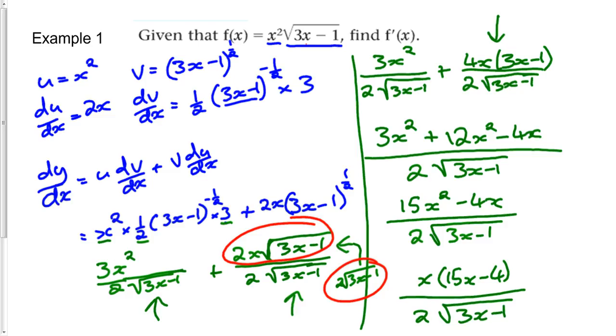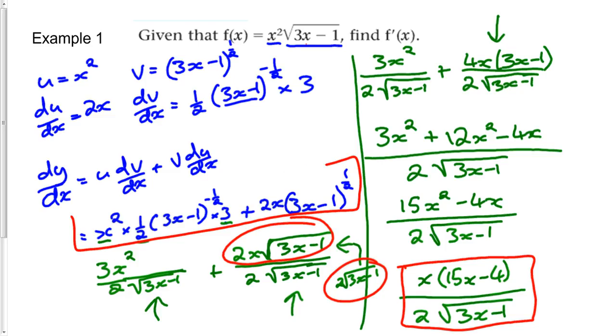And that would be as simple as we can make it. Now, the good news is that if we get to this stage here, we get 3 out of 4 marks.